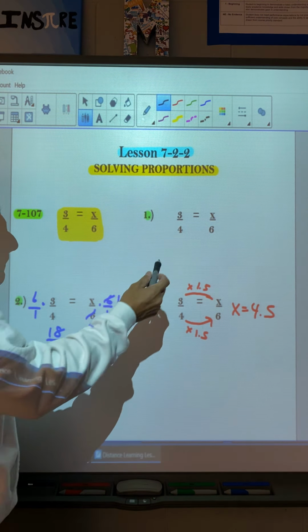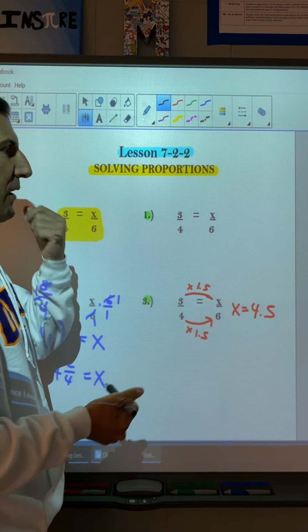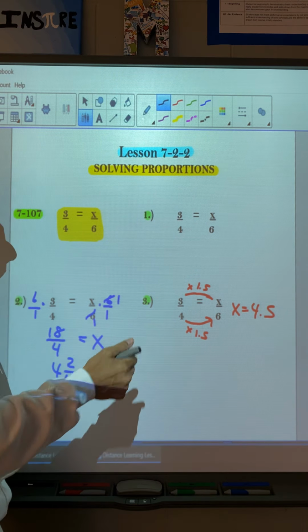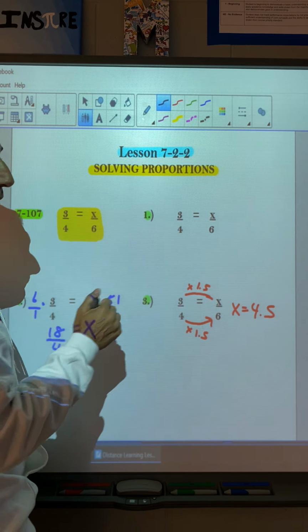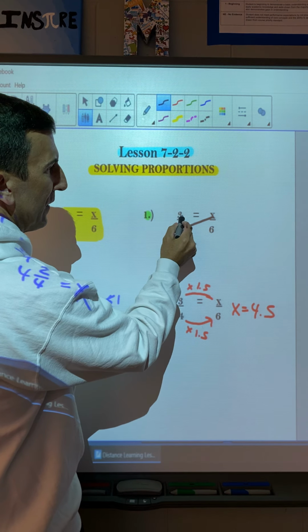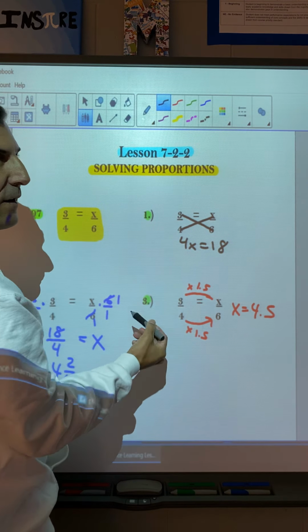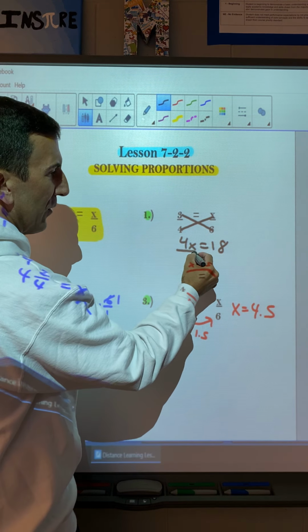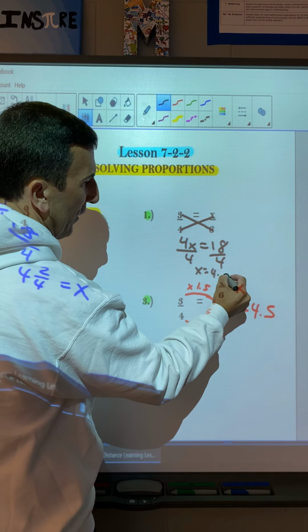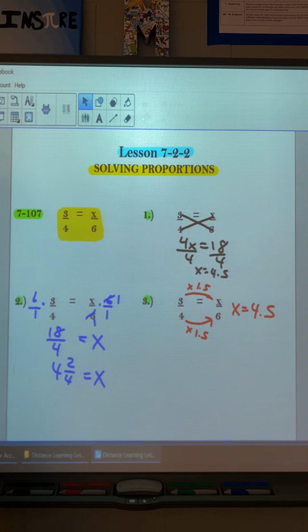Okay, so since 4 doesn't go into 6 perfectly, and some of us don't want to fraction bust, why don't we just cross multiply and divide? 4 times x is 4x, 3 times 6 is 18, and then how do I undo multiplication? You're right, divide by 4, so then x equals 4.5 when we do the division. And that would be yet another way for you.